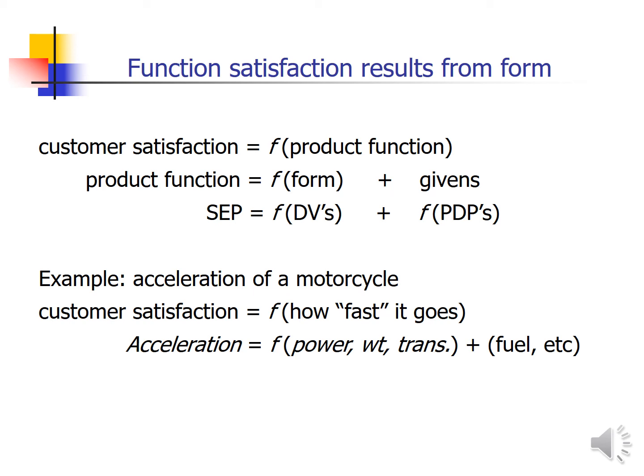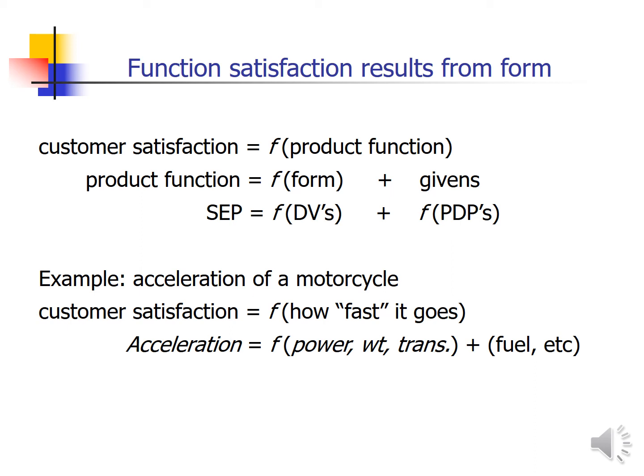We can also use the function specification result from the form, from customer specification, product function, form plus a given, and SAP. Example here: acceleration of the motorcycle.